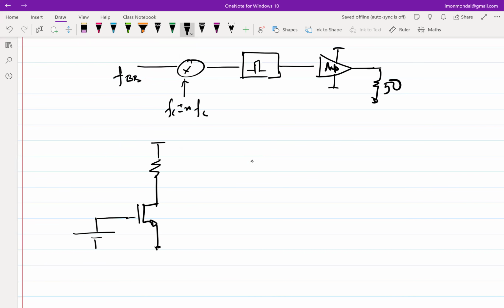Some biasing, and this is now at FC, so this is frequencies around FC, so FC plus minus FBB.